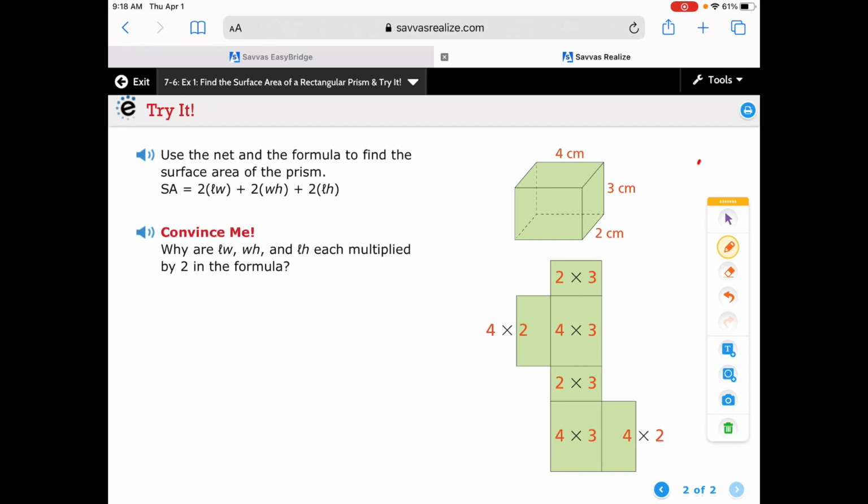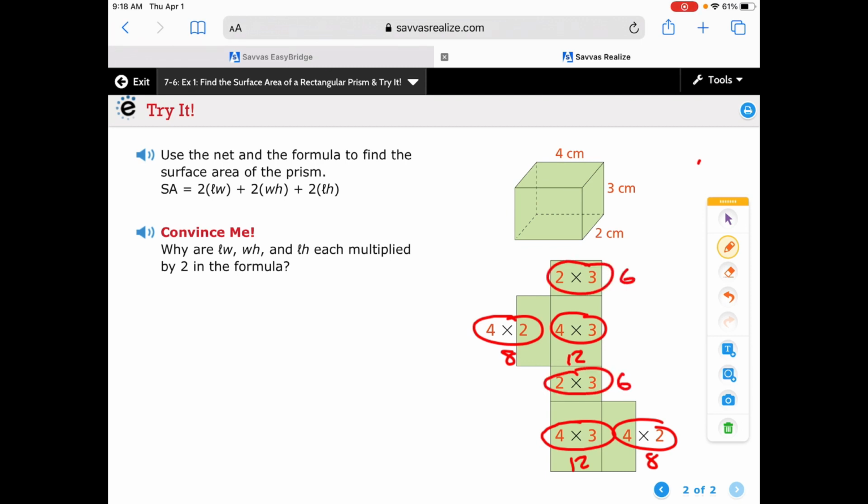We see that we have this, which is 8, and this is 8. Those repeat. We have this, which is 12, and this is 12. Those repeat. Then we have this, which is 6, and this is 6. So we could do 6 plus 6, 8 plus 8, 12 plus 12. We have doubles, as we can see, resulting in a total of 52 centimeters squared. Remember that you have to have those.